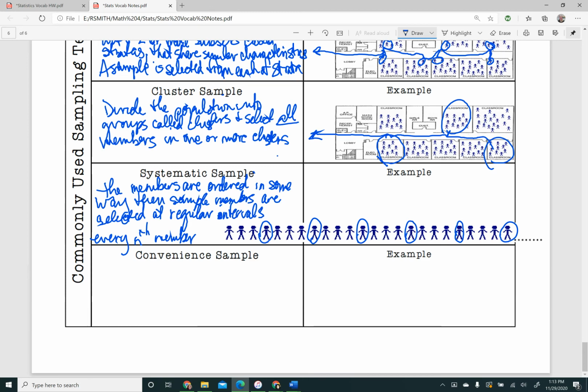Okay. The convenience sample often leads to biased studies, because we're just picking the people that are convenient. It consists of only available members.